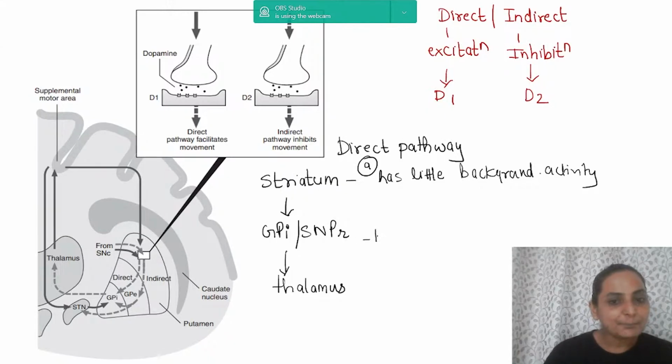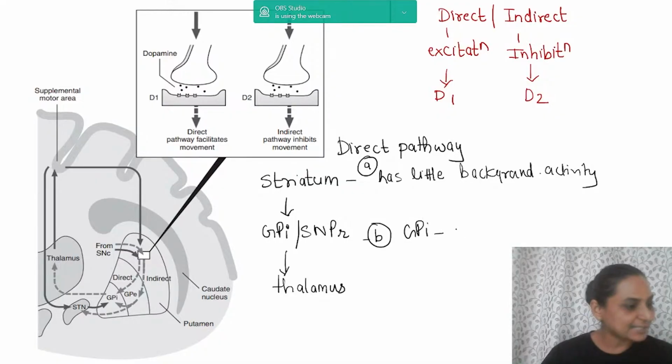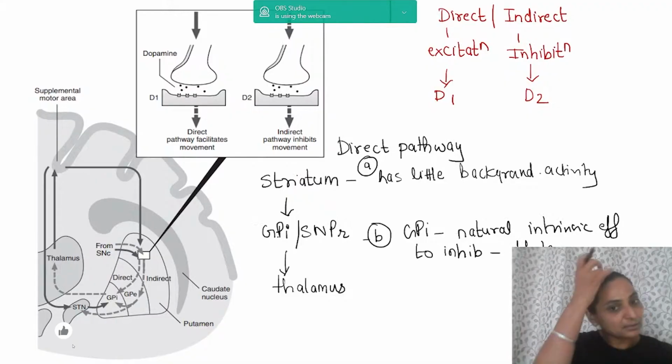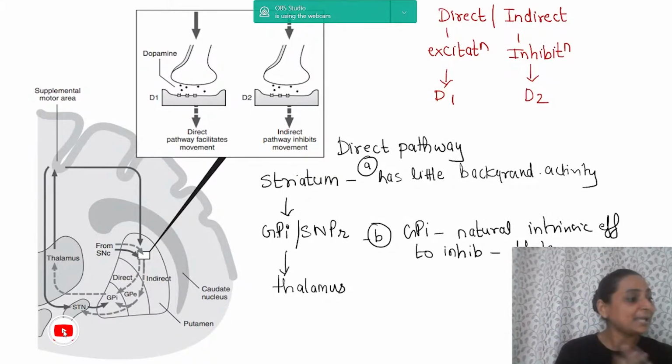Point number B is that the globus pallidus internal segment has a natural or intrinsic effect to inhibit the thalamus. That means if the globus pallidus internal segment is not inhibited by anyone, it is always going to inhibit the thalamus.